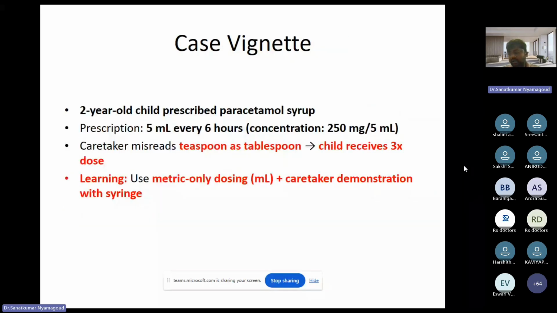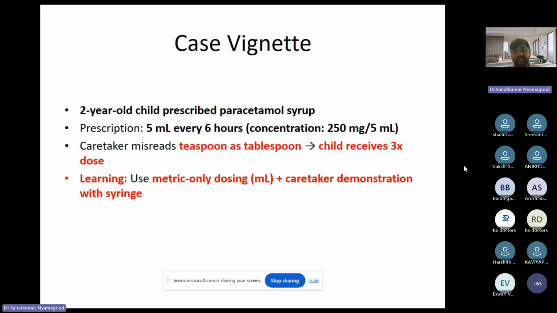What I want to discuss with you all is one basic case scenario which should make you think again and again when you are posted from your college to pediatric wards during your hospital internship, or any time you come across a pediatric patient.